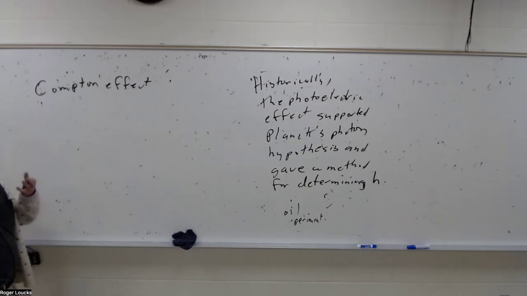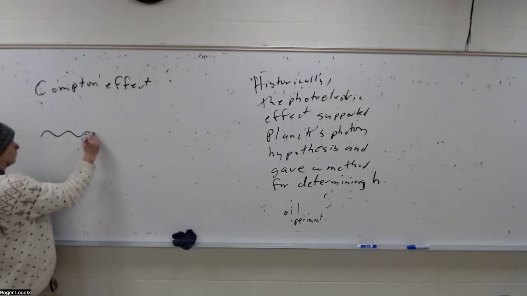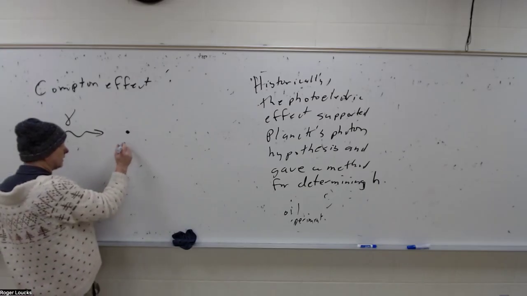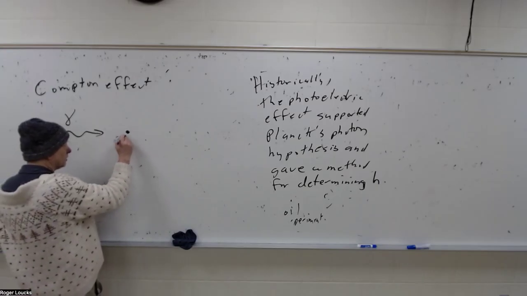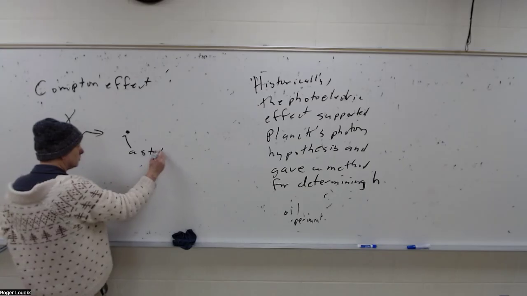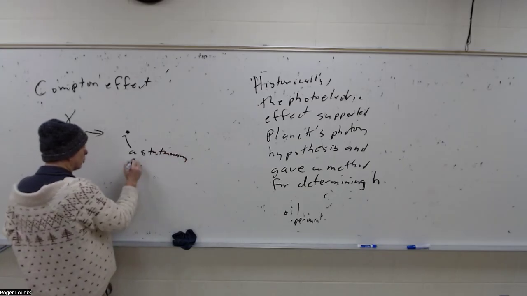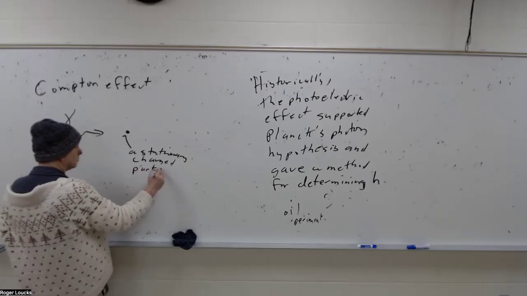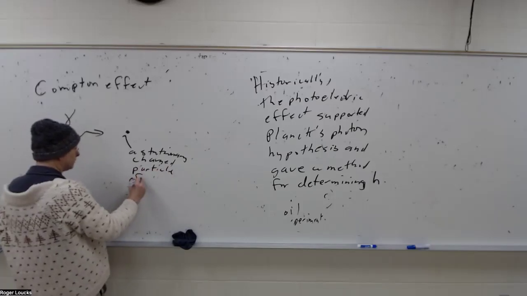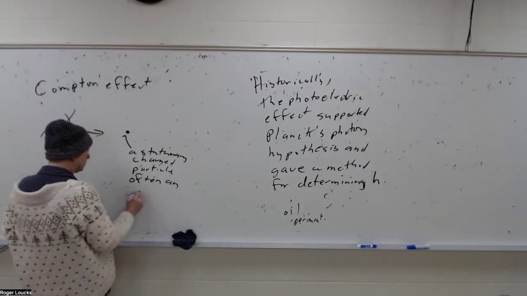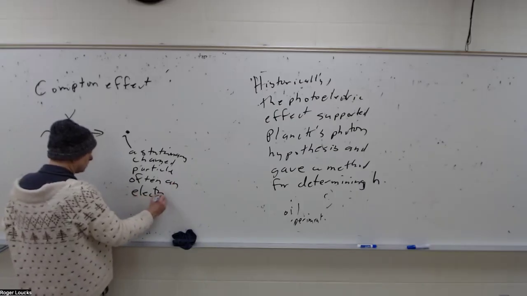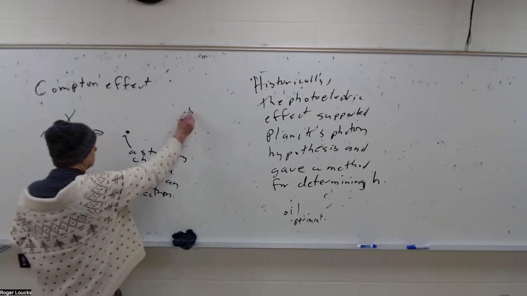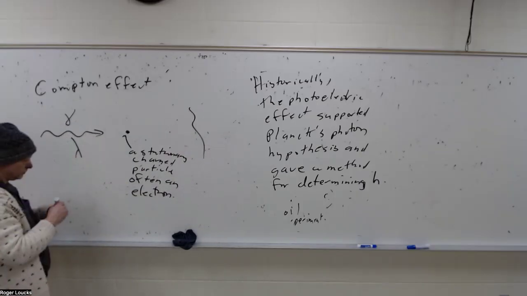It's usually an electron, but it doesn't have to be. So here's an incident photon with energy E. And here is, let's say, a stationary charged particle, often an electron, but it doesn't have to be. And this photon has some wavelength here, lambda.